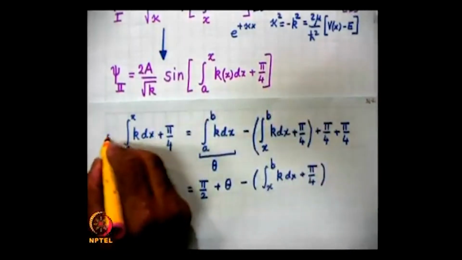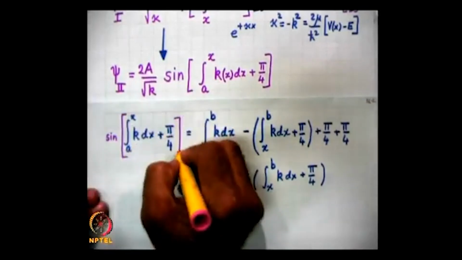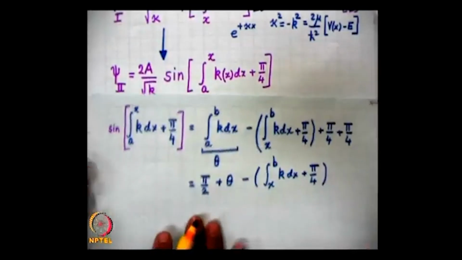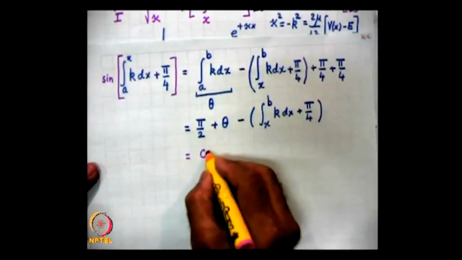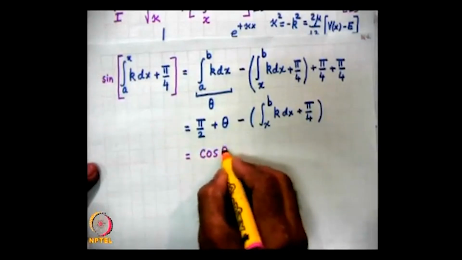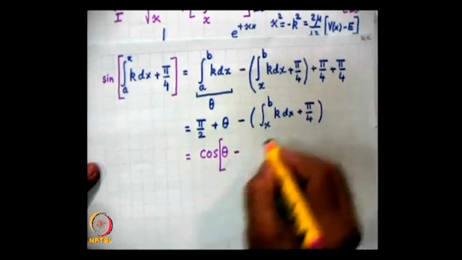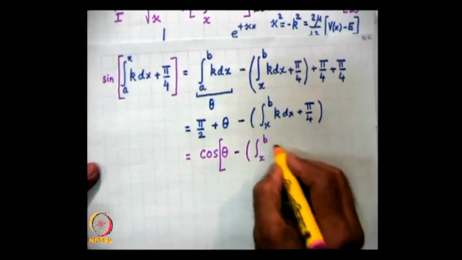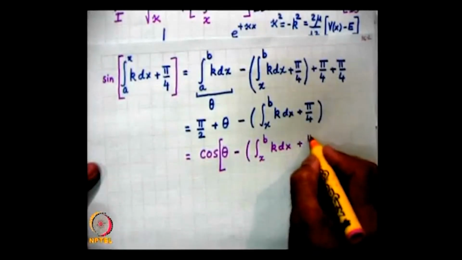So, let me write it down. Sine of this will be therefore sine of the whole quantity, and that will be equal to cosine of theta minus the whole quantity integral x to b k dx plus pi by 4.